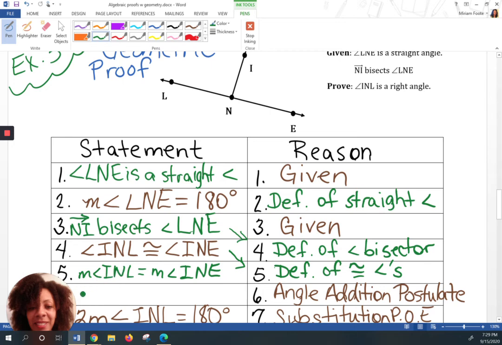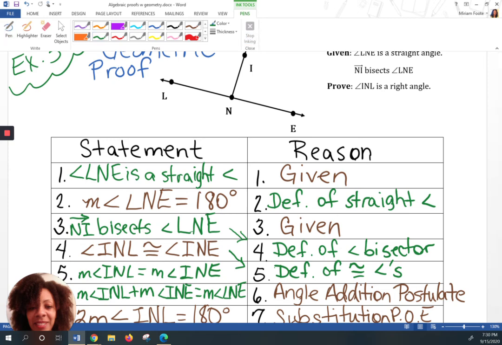So that means that the measure of angle INL plus the measure of angle INE, so INL plus INE, will result in the measure of LNE. So I took both of those angles and I added them, set them equal to my original angle, which is the straight angle. And that's the angle addition postulate.